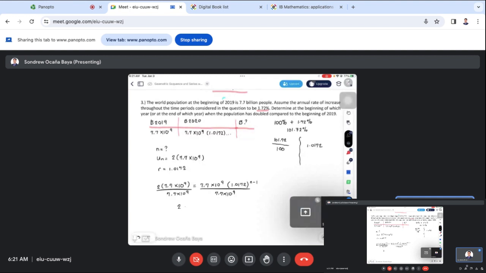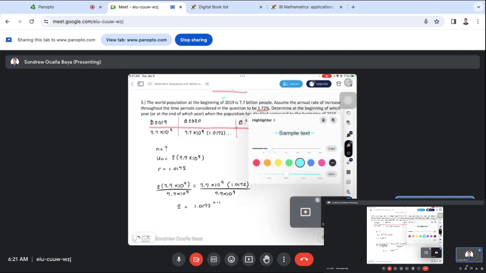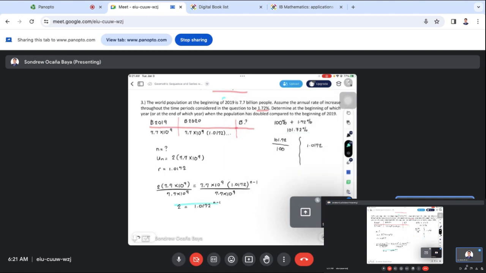Now, before we proceed, there's something that I'd like you to be particular in this solution, so that next time you don't have to have a very long solution. Try to analyze this part. Take note that we are looking for the year when the population is doubled.